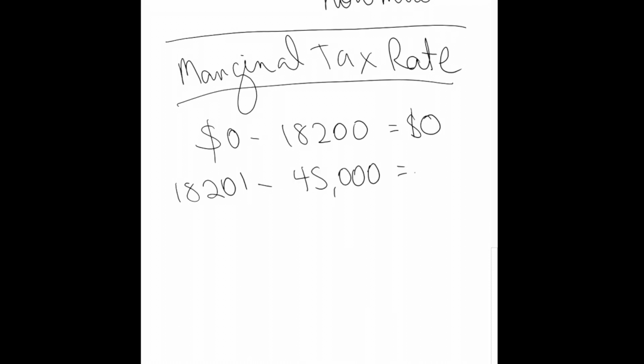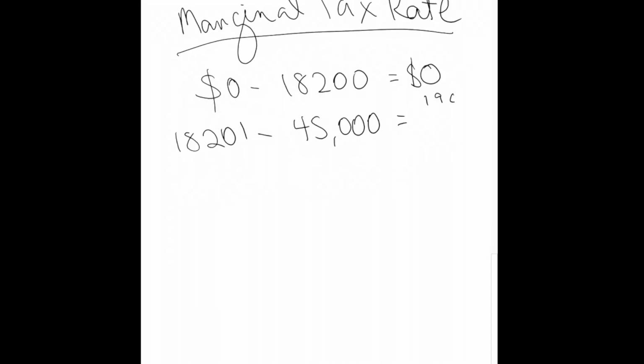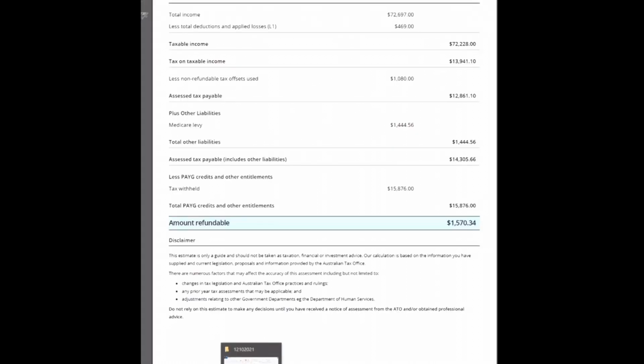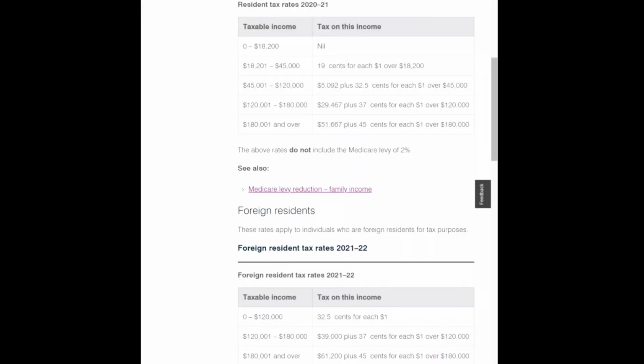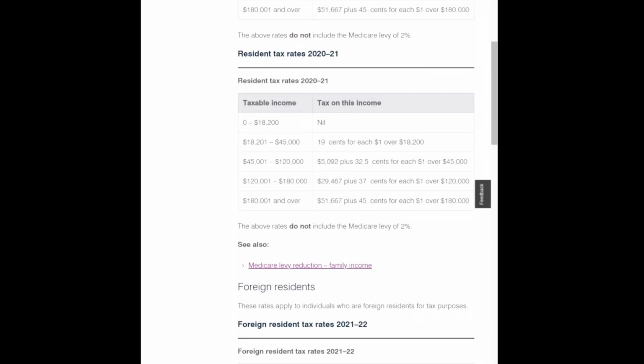Now to work out the rest, up to the $72,000, we need to work out first how much is $45,000 minus the $18,201. Now that is charged at 19 cents in the dollar. Now here's the marginal tax rates on the ATO website.